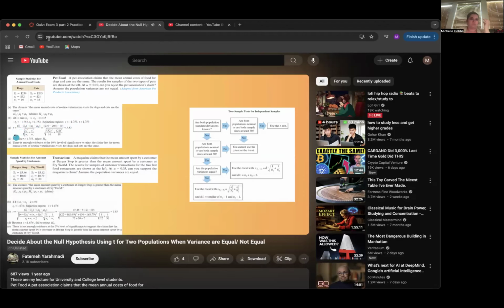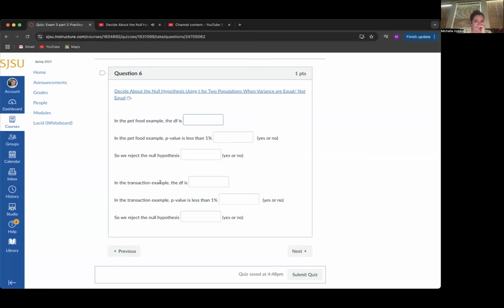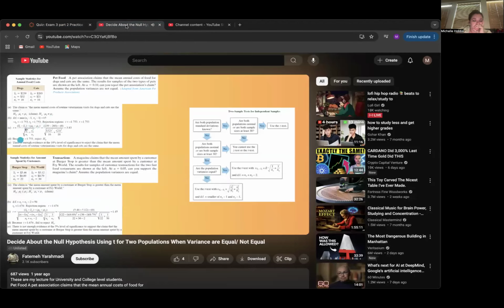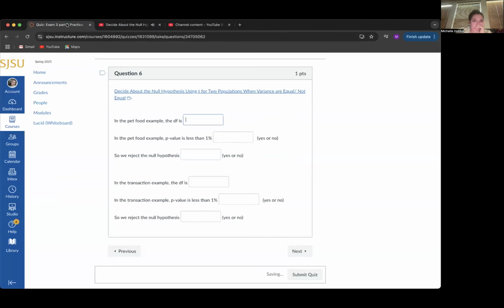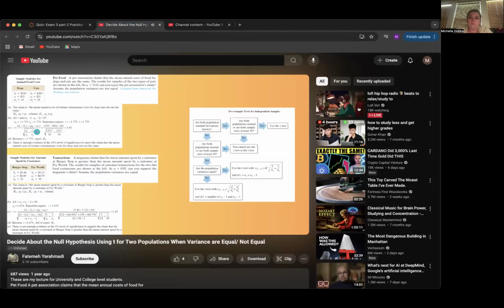Now we need to move on and calculate the standardized test statistic, which is T equals x1 bar minus x2 bar minus mu1 minus mu2 divided by the standard error. x1 bar is 239 minus x2 bar 203 minus the difference between population means, which is 0, divided by the square root of s1, which is 32 squared over 16, plus s2, which is 21 squared, divided by 18.